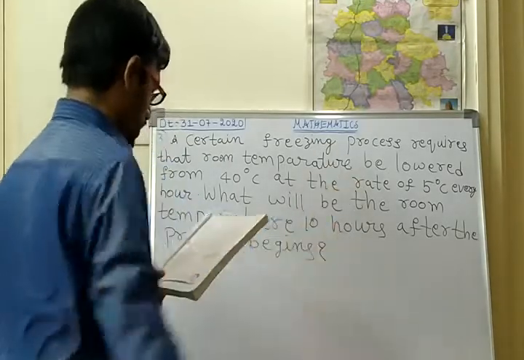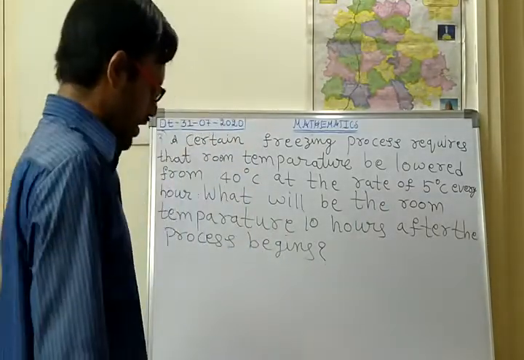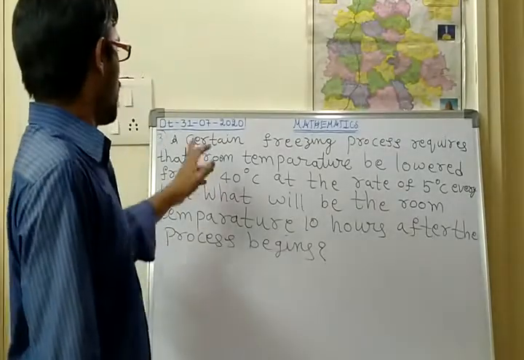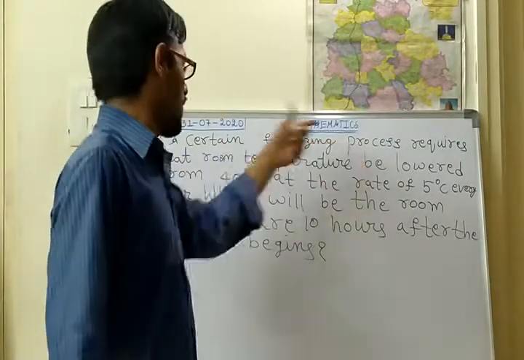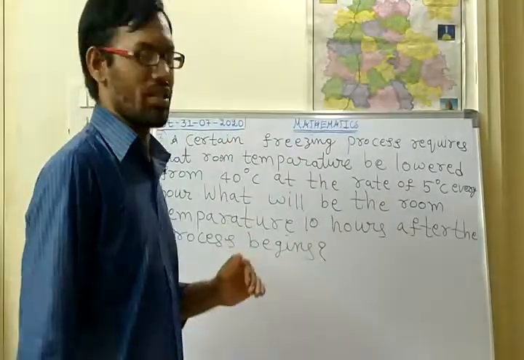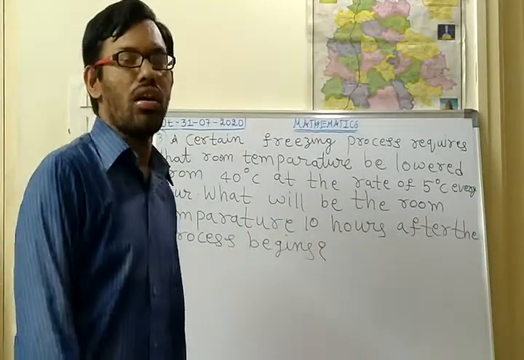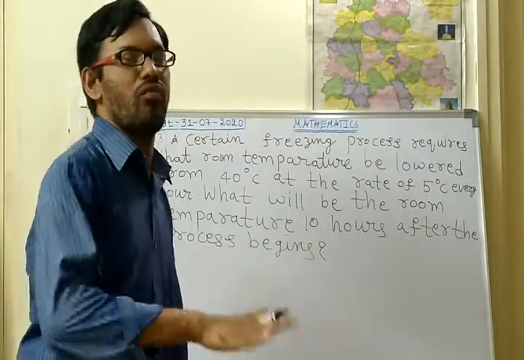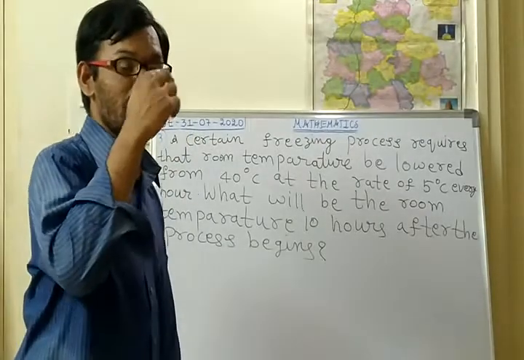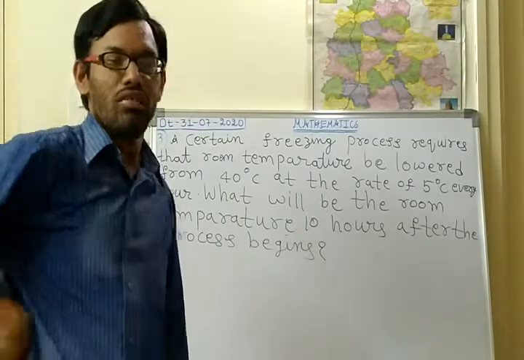Okay, so this is a question. Very interesting question. You will be seeing this type of interesting questions in this bit. So a certain freezing process. Freezing process means cooling process, like a fridge or a place where the air is not getting in, where the AC conditions or fridges are there.